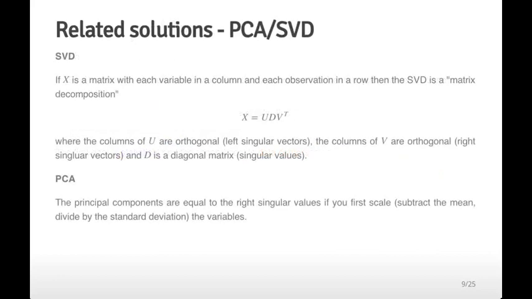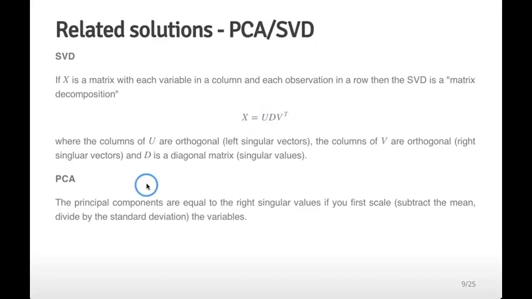So the first approach, the singular value decomposition, compresses the data by performing a matrix decomposition. Don't be too intimidated by what a matrix decomposition is in terms of math. You primarily need to know that this decomposition has three parts: the U, or the left singular vectors, the D, the singular values, and the V, which are the right singular vectors.